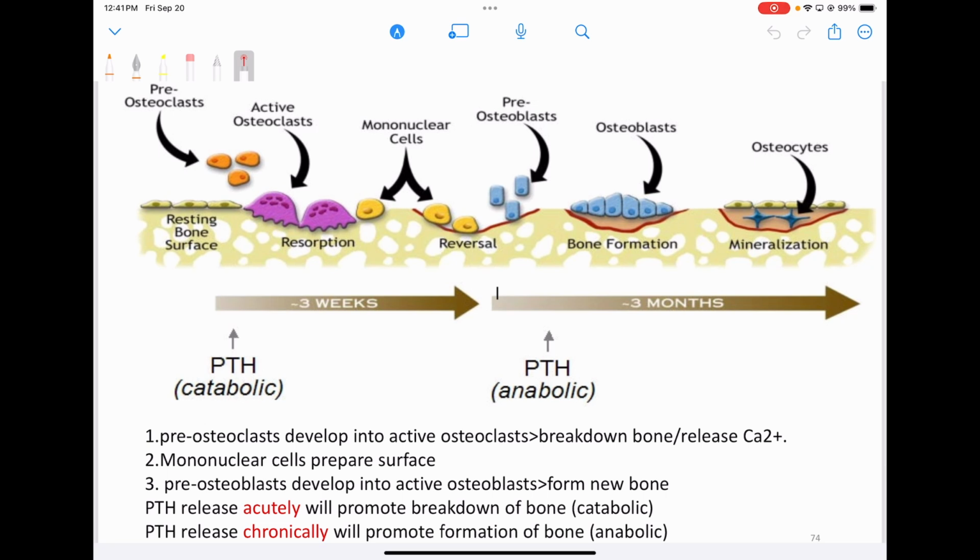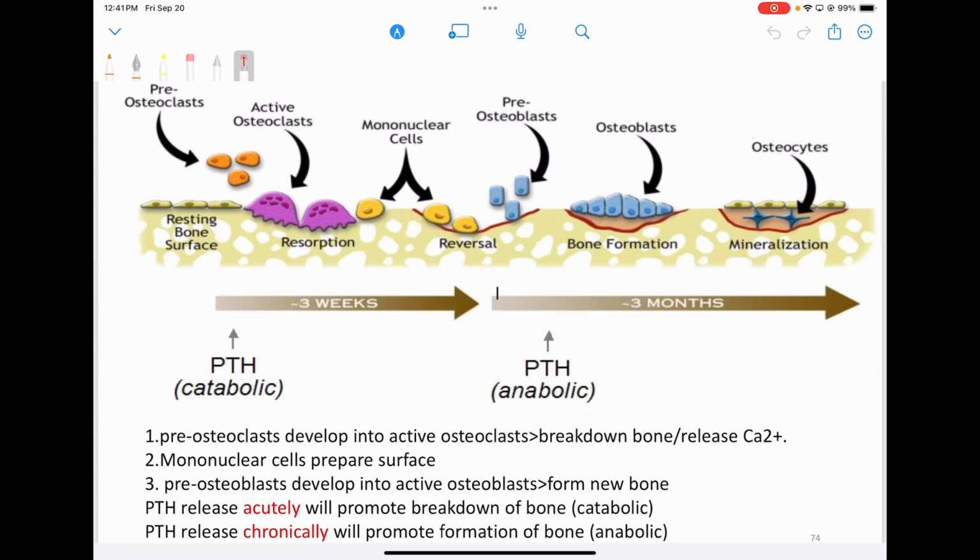And if you have constant PTH going on chronically, you don't want all your bones to become so brittle because of the PTH. So what happens with PTH? After a certain amount of time, 3 months down the road, in a chronic fashion, PTH will revert to actually build bone back. In the acute phase of PTH, it's going to break down the bone, putting calcium back in.